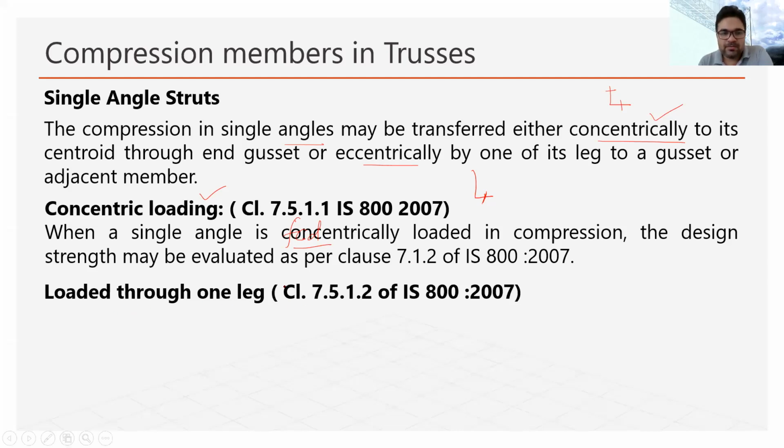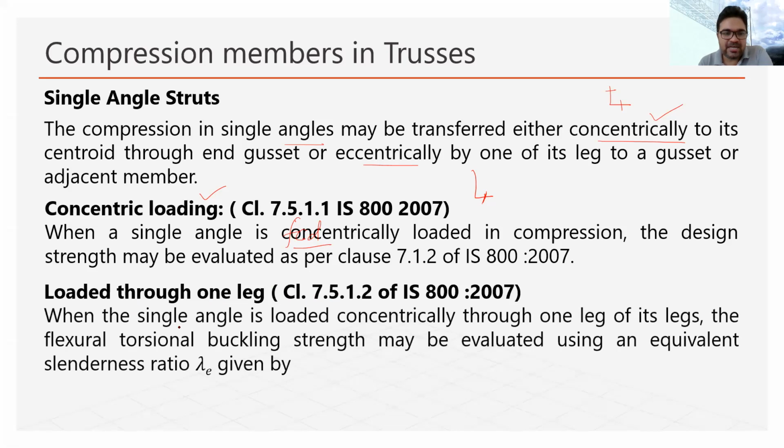It says that when a single angle is loaded concentrically through one of its legs, the flexural torsional buckling strength may be evaluated using an equivalent slenderness ratio.